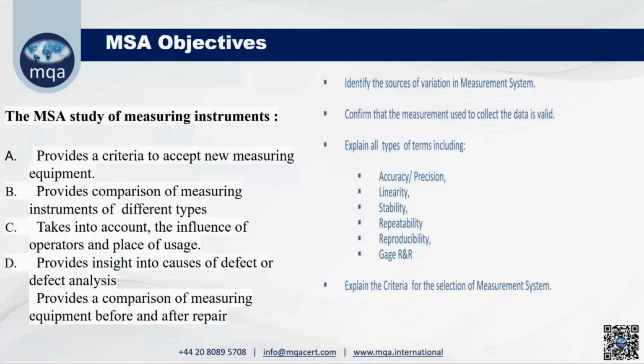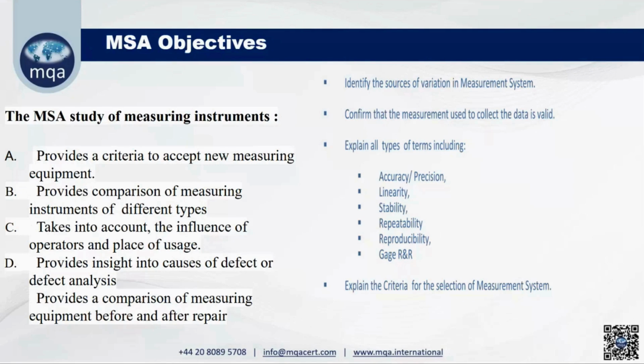MSA provides insight into the causes of defects, or defect analysis. The measurement system will tell you what the defect in your measurement system is. There are different components of MSA, like part to part variation, and you will come to know there is variation in the instrument, or variation in the appraiser, like the operator.